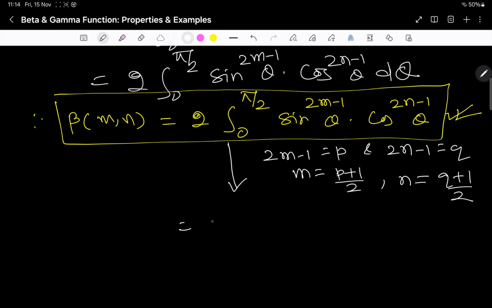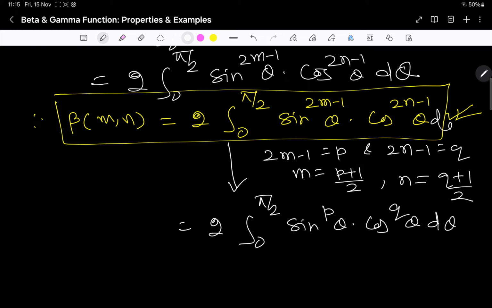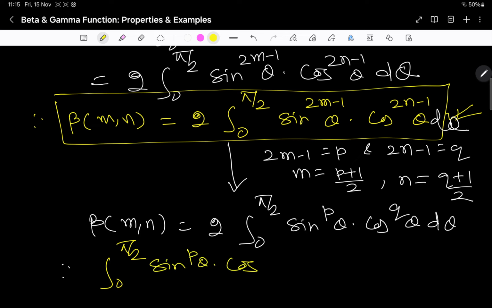So what happens to this integral? Twice integral 0 to pi by 2 sine to the power p theta into cos to the power q theta d theta. Now it is your what? It is your beta mn, right? This is another important formula. Therefore I can say your integral 0 to pi by 2 sine to the power p theta into cos to the power q theta is half beta mn.